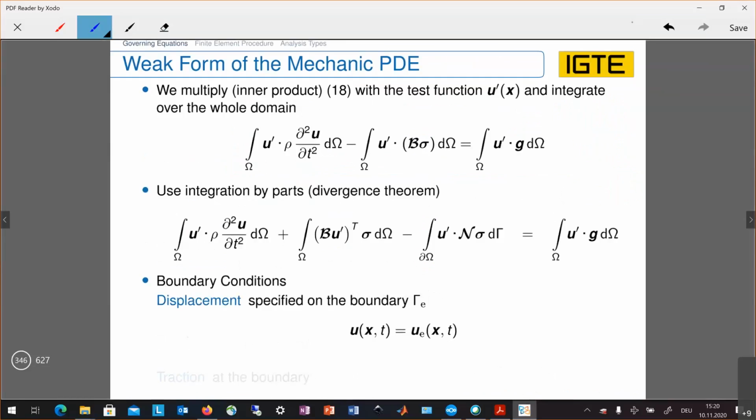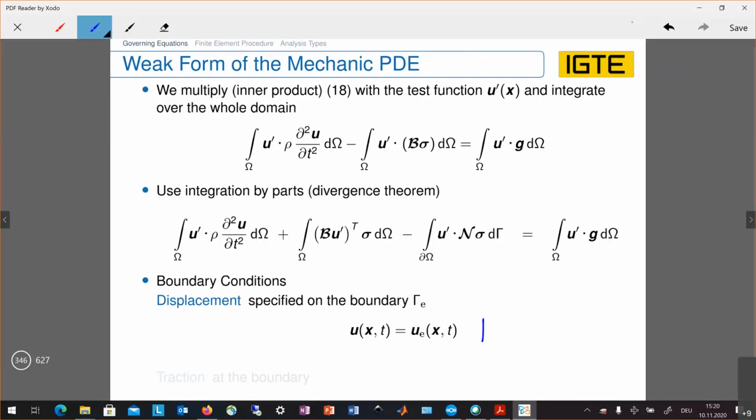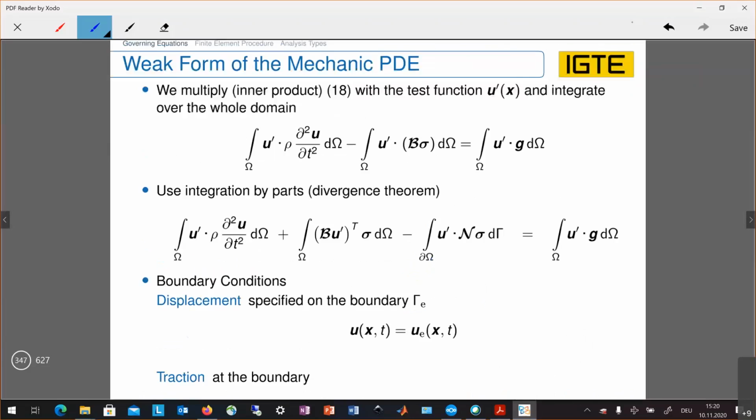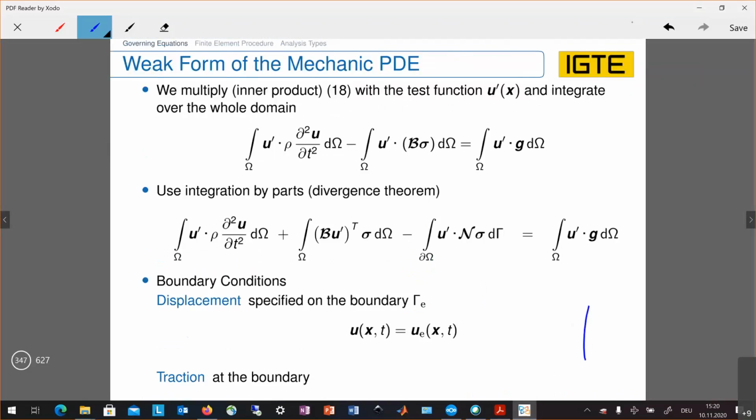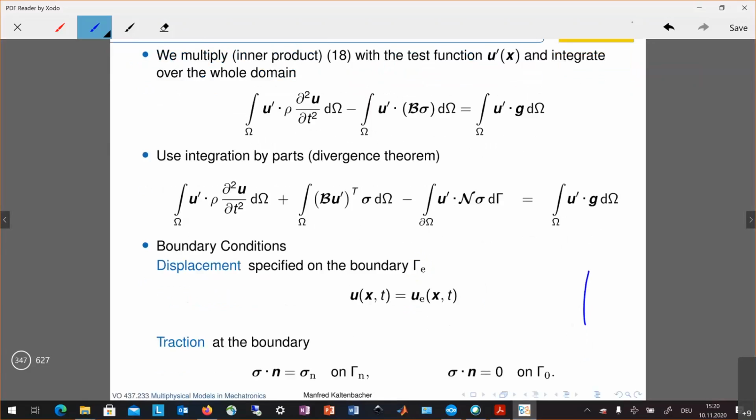And we clearly also have to incorporate here any displacement boundary conditions, which are so-called Dirichlet boundary conditions, where we prescribe the mechanical displacement on a part of the boundary called gamma E. And we have here also a second boundary condition, which we call the traction, and that is as follows: the stress on the surface is prescribed, and we can prescribe there the stress on the surface that has just a normal component or just tangential components.